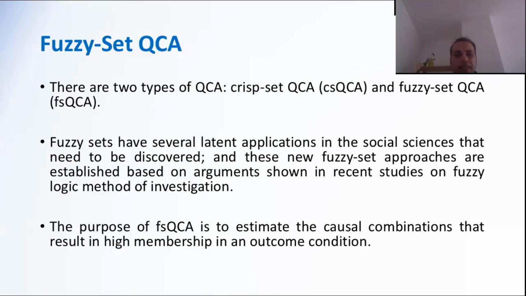Fuzzy sets get ordinal, interval, or ratio values, but our focus is on fuzzy set QCA. And fuzzy sets have several latent applications in the social sciences that need to be discovered. And the main purpose of fuzzy set QCA is to estimate the causal combinations or configurations that result in full membership or high membership of an outcome condition, which is a dependent variable, which is the phenomenon that you are investigating.